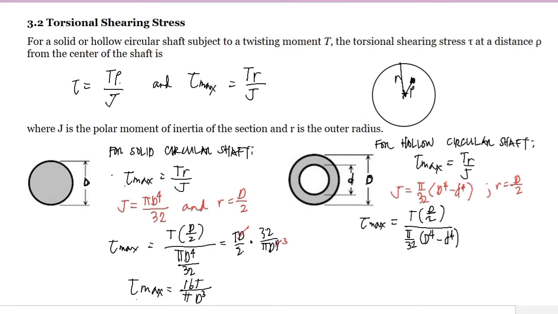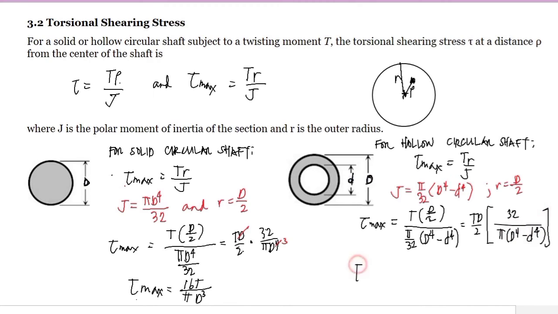So, simplifying this, and we would have TD over 2 multiplied by, of course, the reciprocal, that is 32 over pi multiplied by D to the fourth minus d to the fourth.